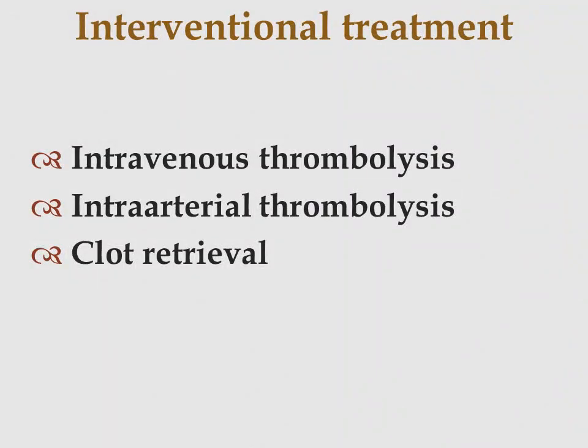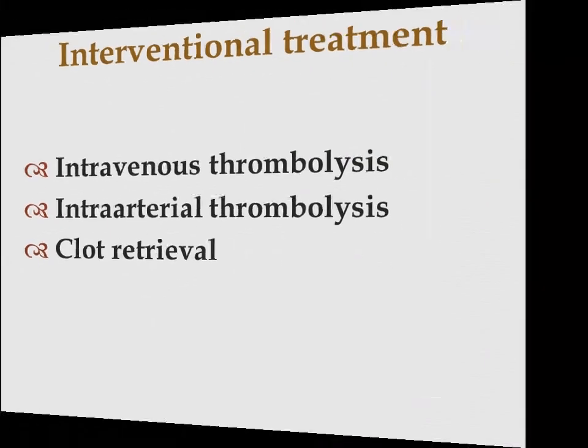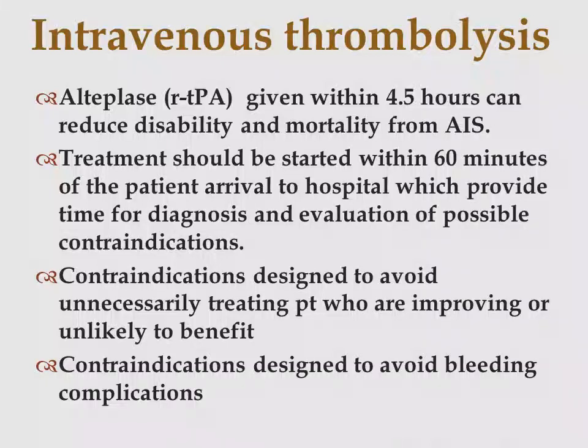Interventional treatment includes intravenous thrombolytics, intra-arterial thrombolysis, and clot retrieval. Intravenous thrombolysis, we give the famous drug alteplase, given within 4.5 hours, can reduce disability and mortality from acute ischemic stroke. This is the window, 4.5.